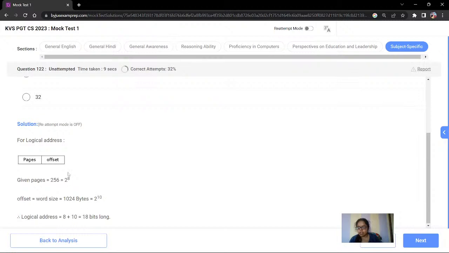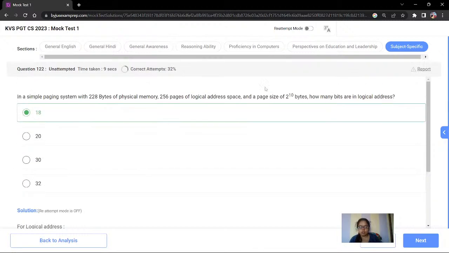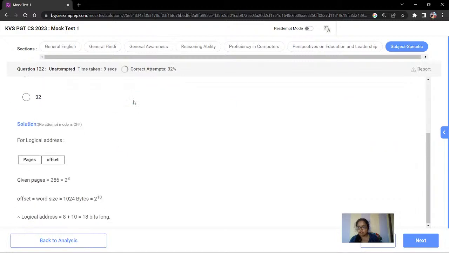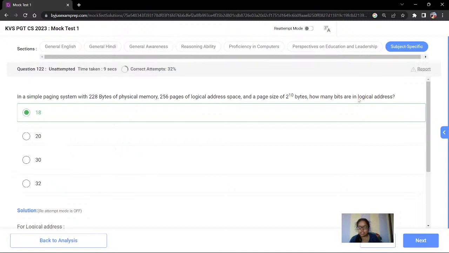So here you have to add 10 and 8. In this simple paging system, the physical memory is not required; only the logical address is given. So you have to consider the logical address, 256 pages, with 2 to the power 10.